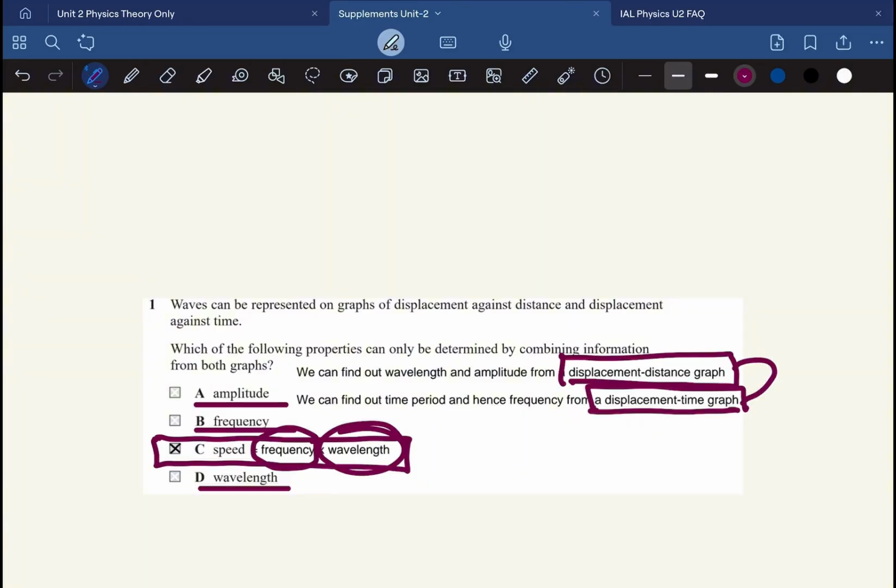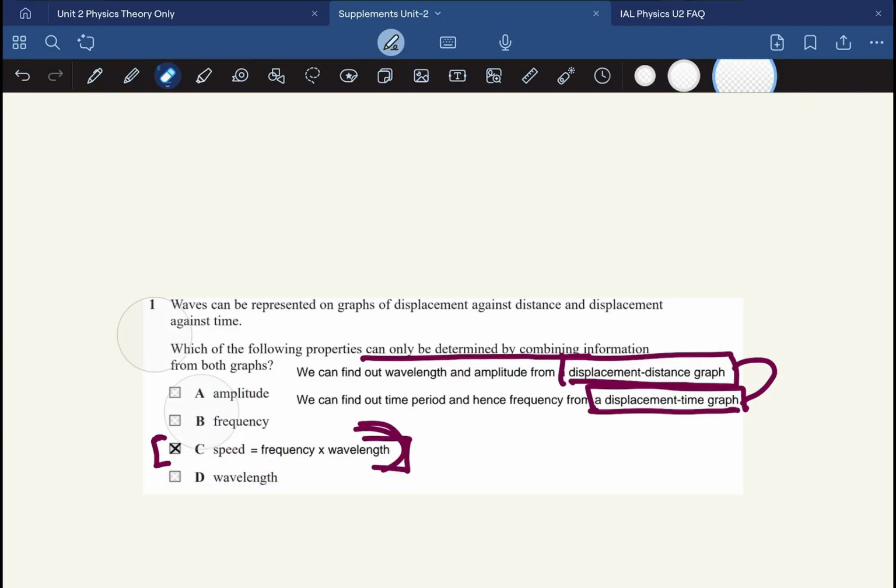They asked which can be determined by combining information from both graphs, and that is the speed, because amplitude is not something you have to find by combining both graphs. You will just get it from one graph, the displacement-distance graph.